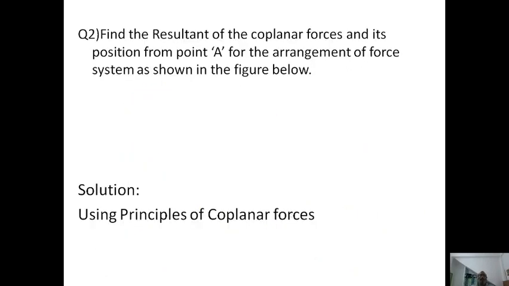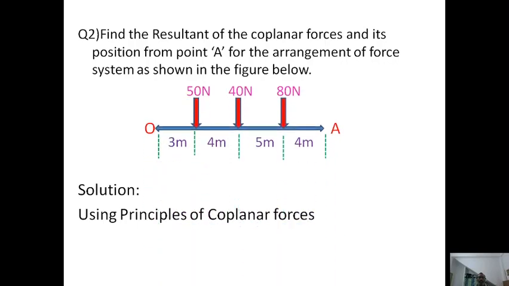Now I want to find the resultant of the coplanar forces and its position from point A for the arrangement of the force system as shown in the figure. So this is the figure. This type of problem we already solved in an earlier session, but at that time we solved a coplanar parallel unlike system.